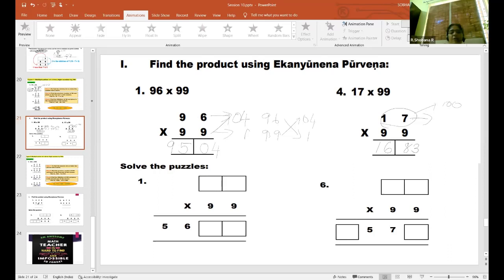So can you solve the puzzle, teachers? The number is 57 into 99. Very good.